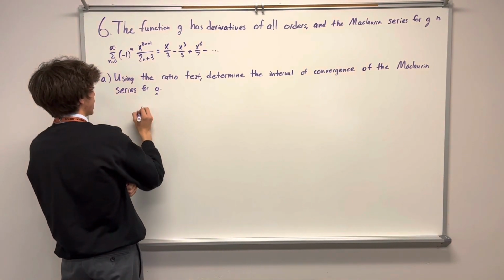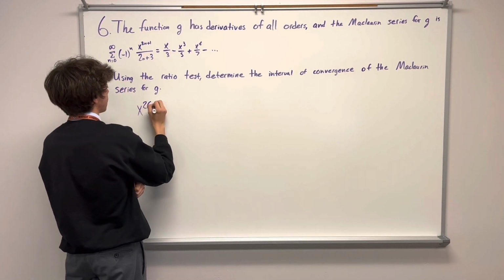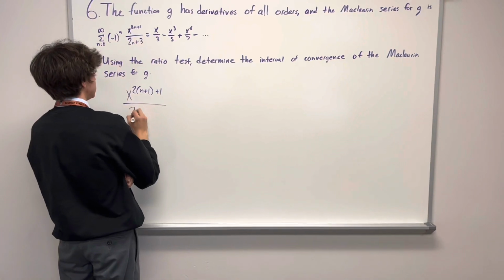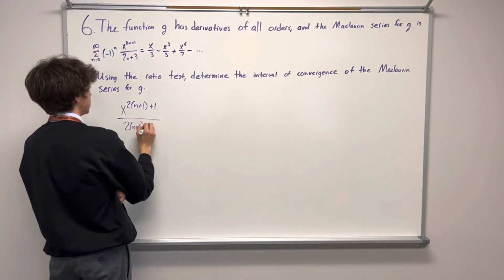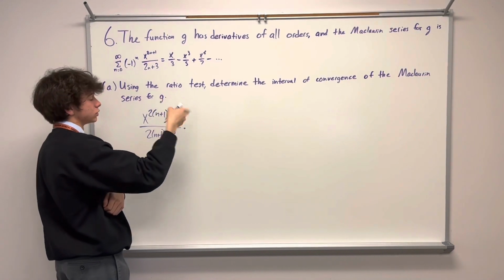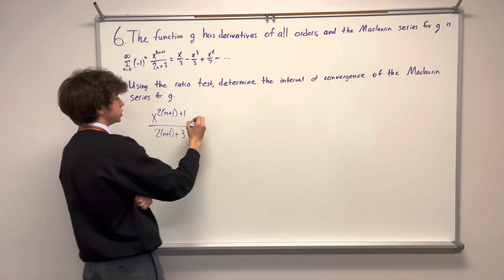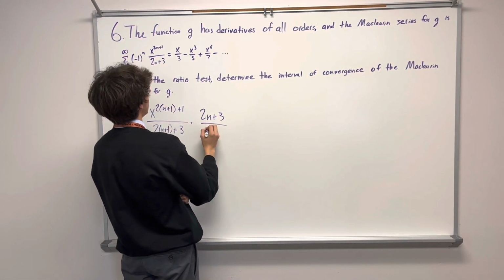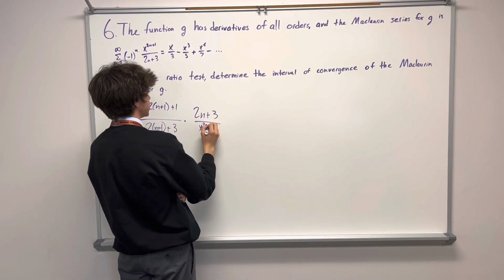So we're going to do x to the 2n plus 1 over 2n plus 1 plus 3, and then multiply this by the reciprocal of the nth term, which is 2n plus 3 over x to the 2n plus 1.